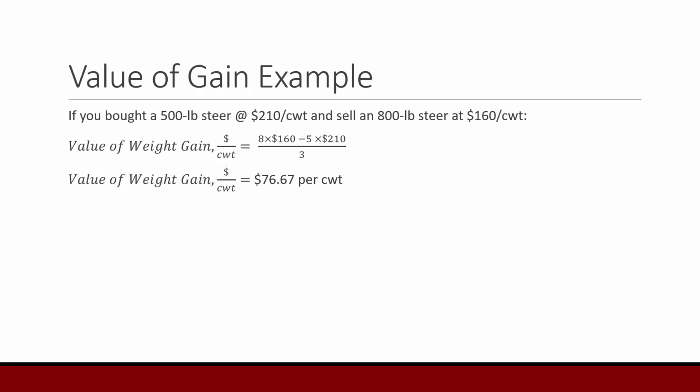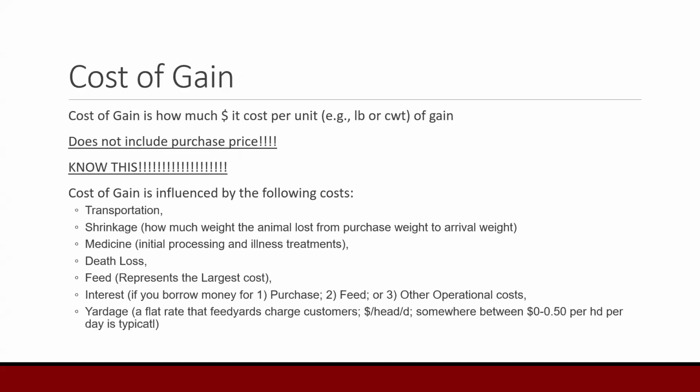So typically, as long as my value of gain is greater than my cost of gain, it makes sense to continue to feed them, continue to grow them. Okay? All right, cost of gain. Cost of gain is the amount of money it costs per unit of gain, right?